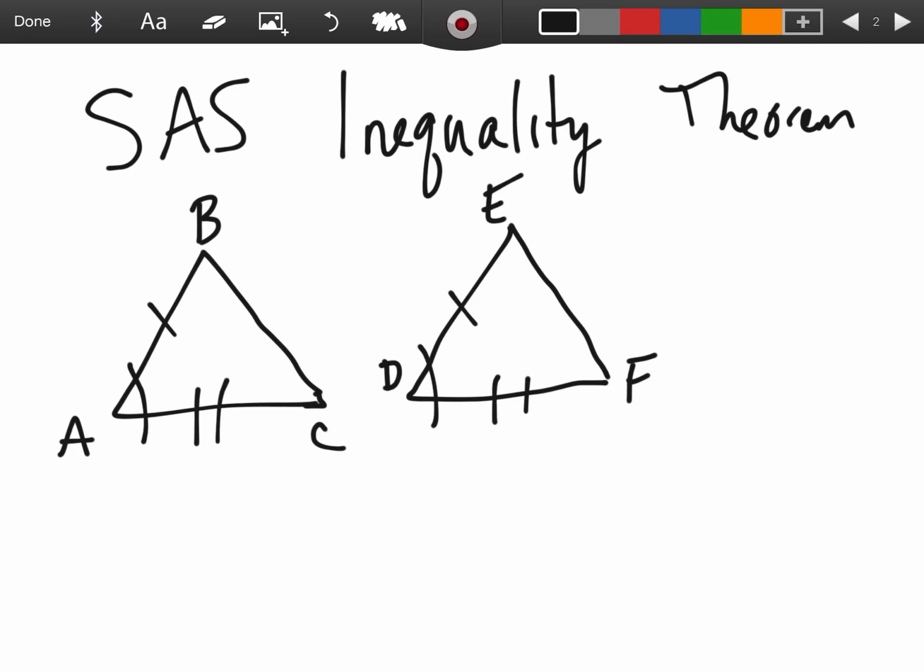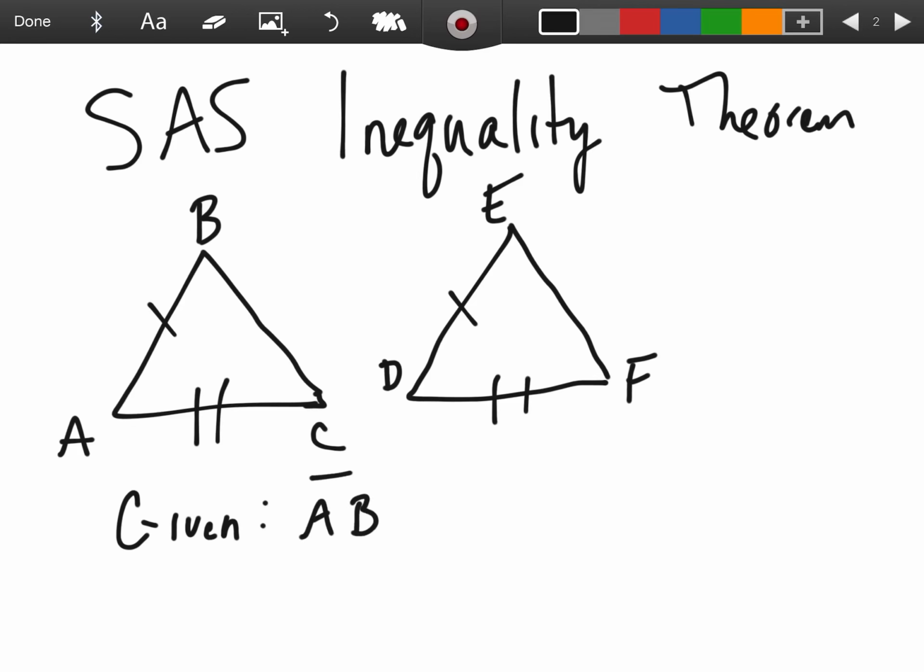For the side angle side inequality theorem now, obviously my triangles aren't going to be congruent if it's an inequality. So how's that going to change the problem? Well, we are still going to be given two pairs of congruent sides.